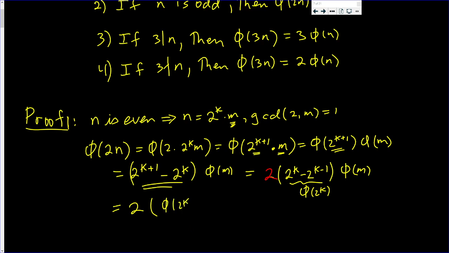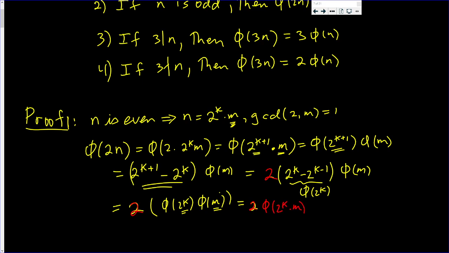Phi of 2 to the k times phi of m, since 2 to the k and m are relatively prime. So we still have that red 2 in front, and when I multiply, I get phi of 2 to the k times m.